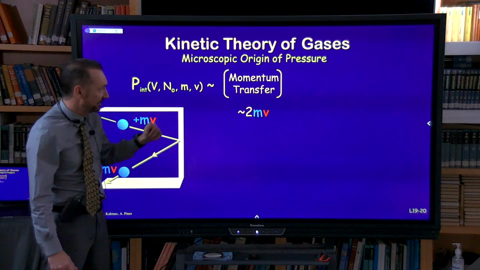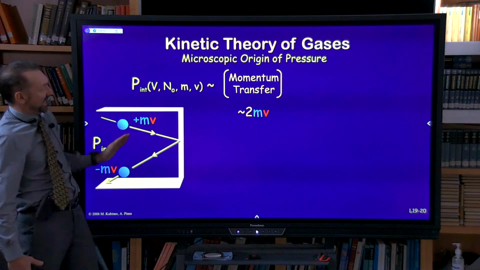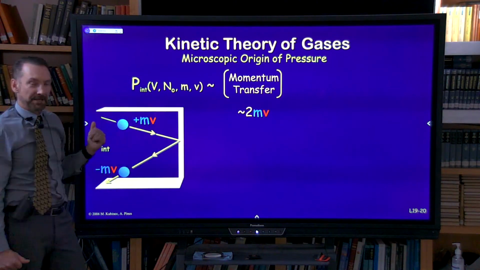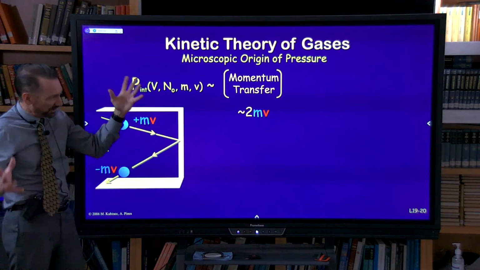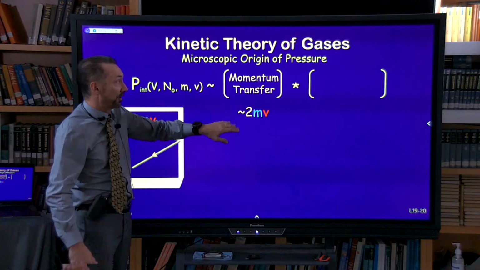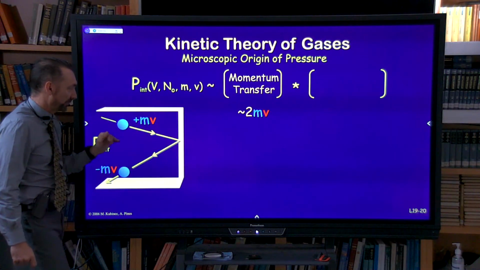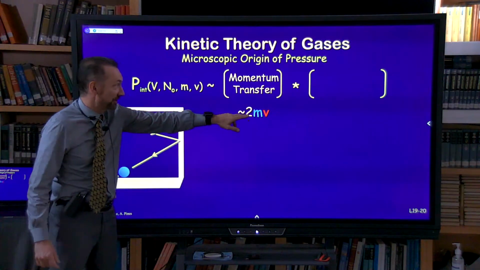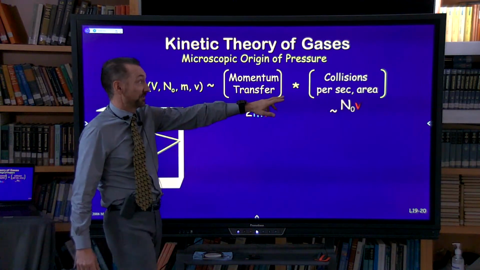And again, this is a little hand wavy, partially because what angle did they come in at and a few other things. But we're going to account for them exactly, but not do all the math. So that's part of it. The momentum transfer of the collisions, times how many collisions.